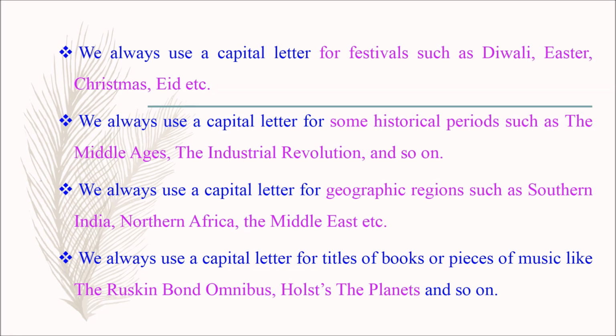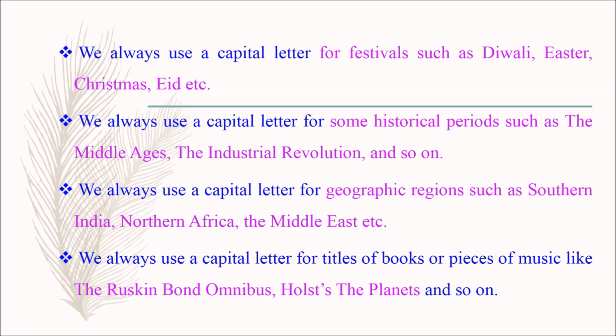Students, we always use a capital letter for festivals such as Diwali, Easter, Christmas, Eid, etc. We always use a capital letter for some historical periods such as the Middle Ages, the Industrial Revolution, and so on.